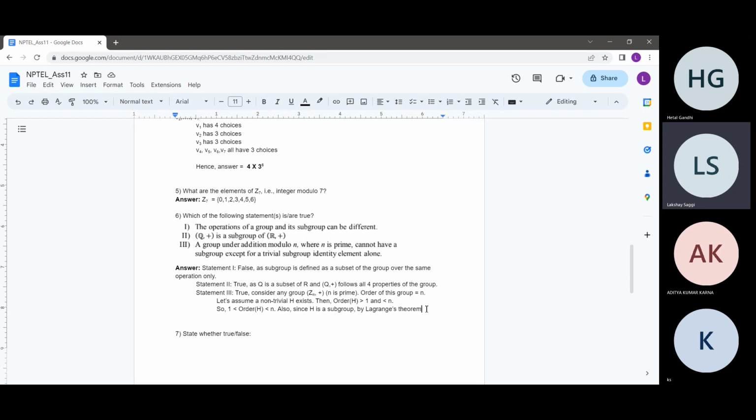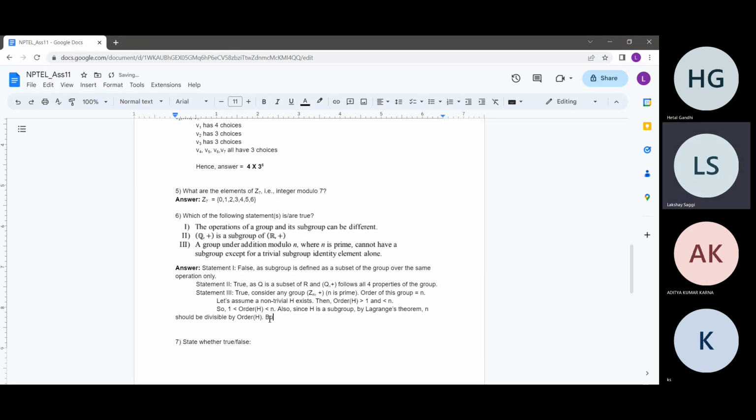So H is a subgroup, and the order of the original group was, let's say, n. So n should be divisible by the order of H. I hope this is clear. The order of H is a number between 1 and n, and as H is a subgroup, by Lagrange theorem, n, which is the order of the original group, should be divisible by the order of H, right?